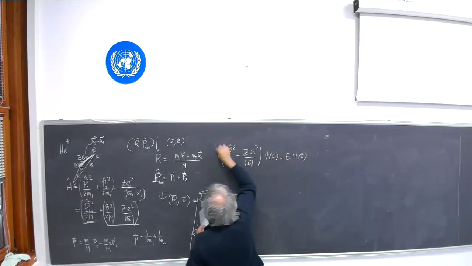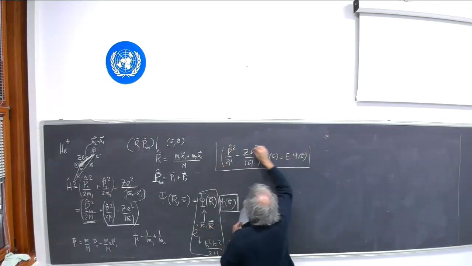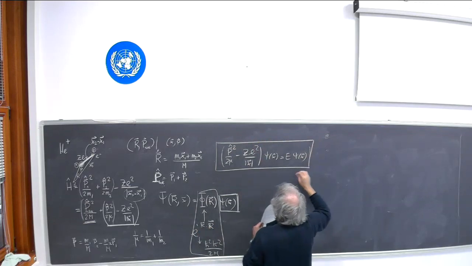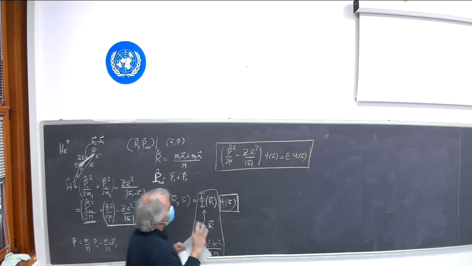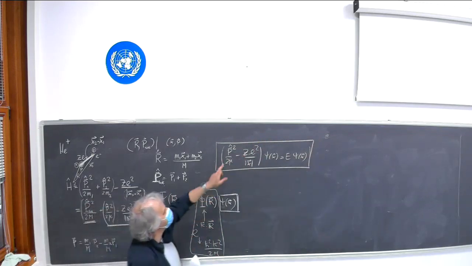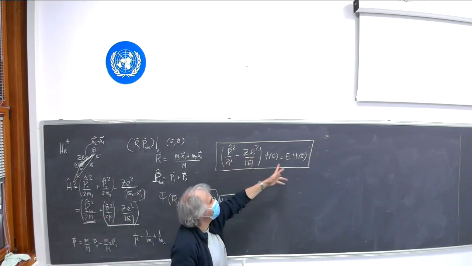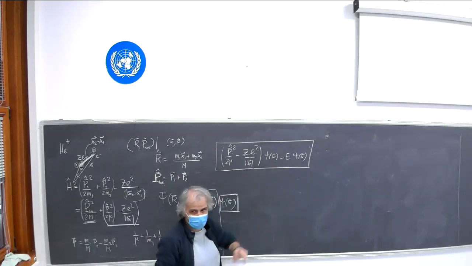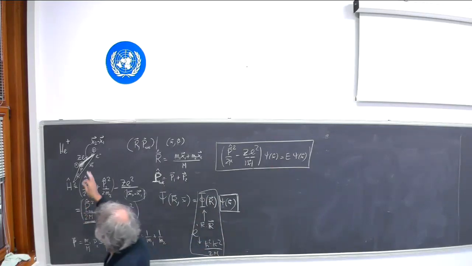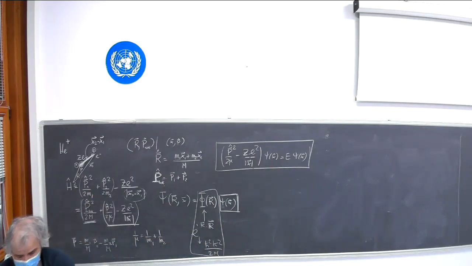So I'm doing a Schrödinger equation for the relative motion, a particle in 3 dimensions with kinetic energy and an attractive Coulomb potential, and I have to find the eigenvalues and the eigenfunctions. So I've reduced from 6-dimensional to 3-dimensional.